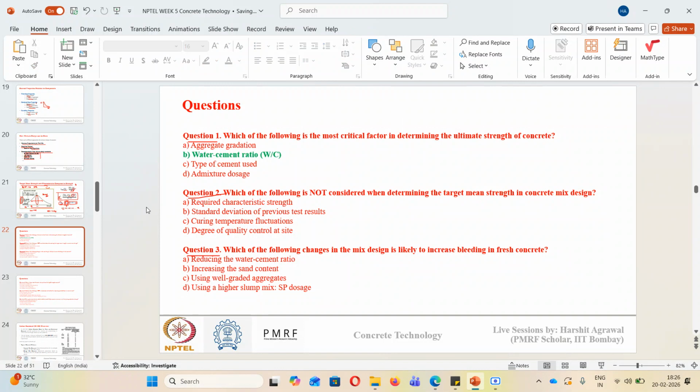Question number two: which of the following is not considered when determining the target mean strength in the concrete mixture design?